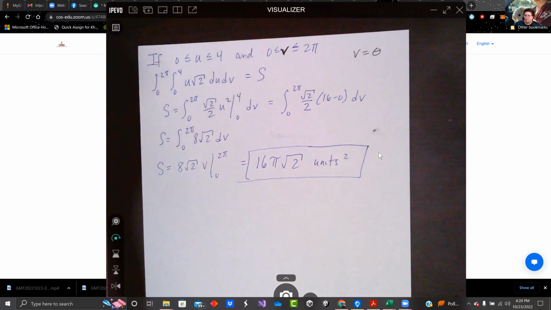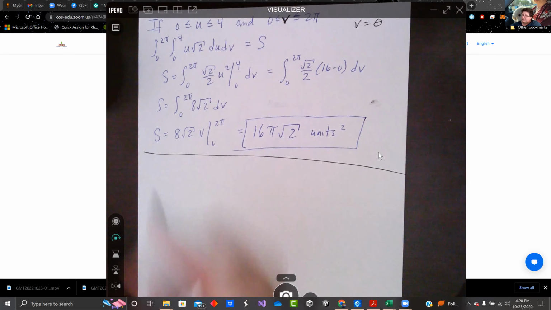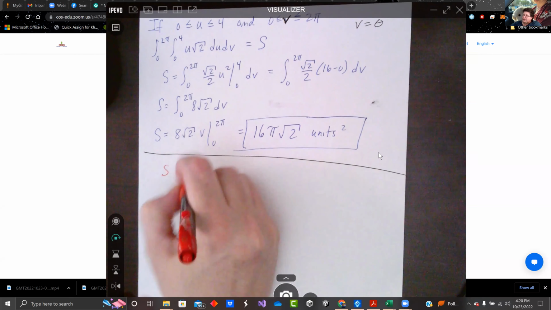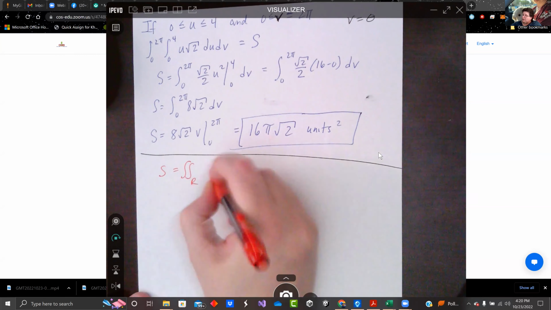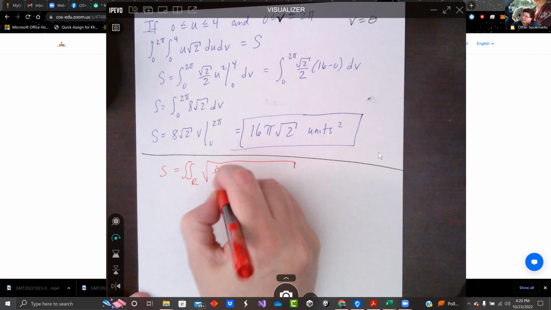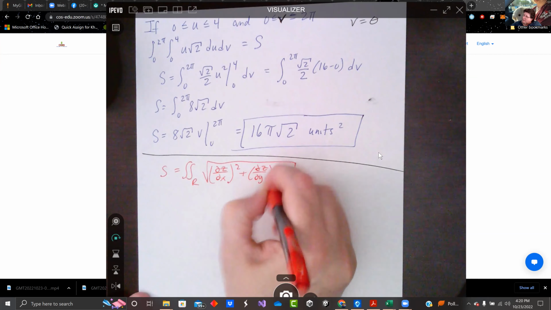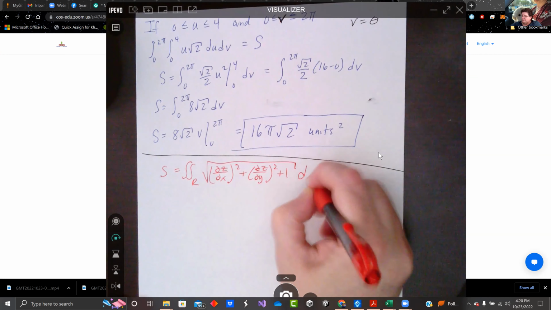That's it for 14.4. These are the equations we had. Just to remind you, to wrap it up real quick: S equals the double integral across R of the square root of (dz/dx)^2 plus (dz/dy)^2 plus 1 dA.